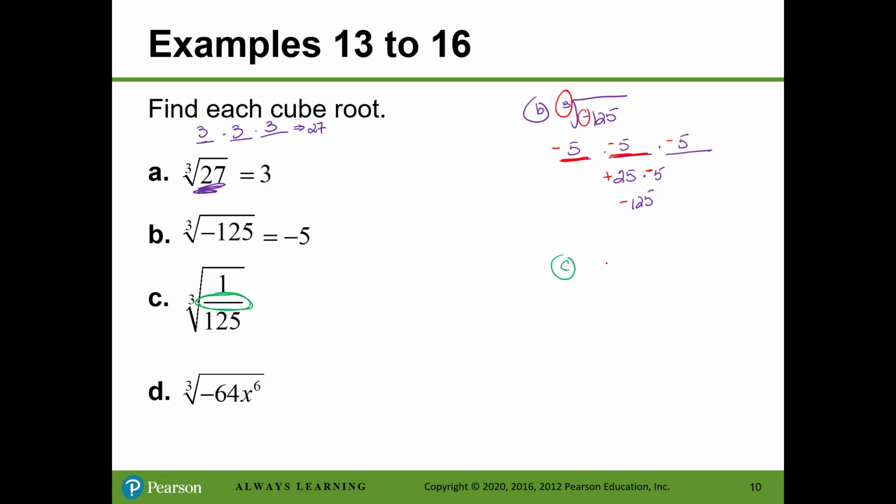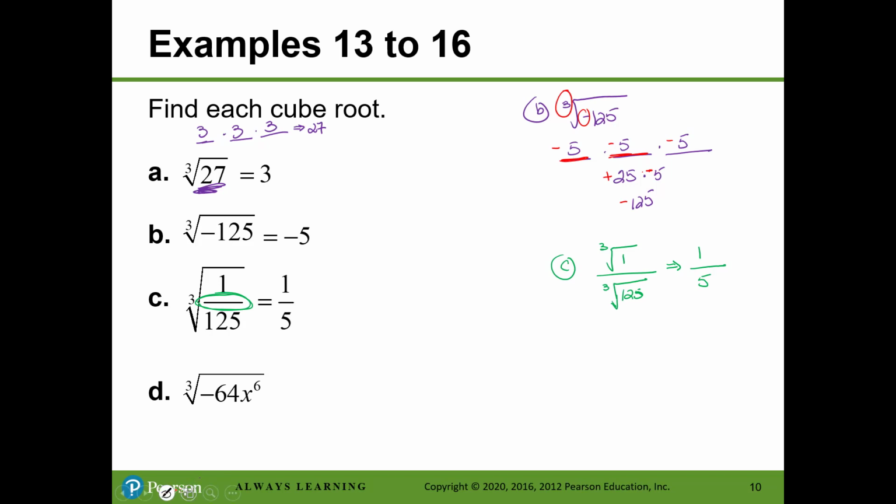So for letter C, I can take the cubed root of 1 and divide it by the cubed root of 125. Well, you know the cubed root of 1. Yeah. Sometimes the easy numbers are the ones that try to trick us. And we just figured out the cubed root of 125, didn't we? That explains that answer.